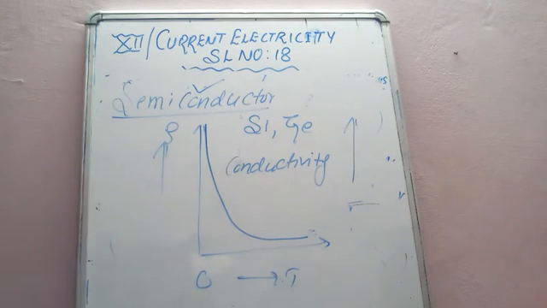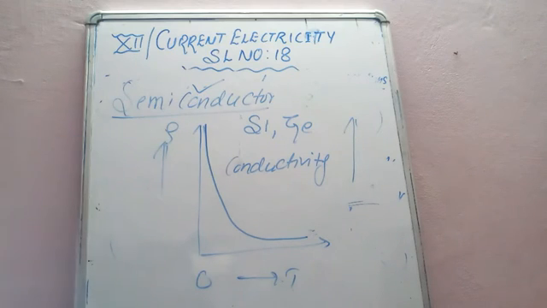A very simple question: show the graph between resistivity and temperature for copper, germanium, and silicon, and other materials like alloys. So this is the behavior.